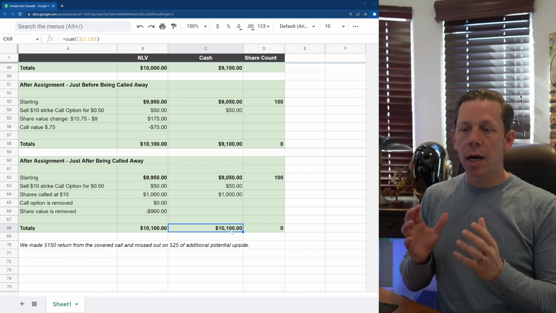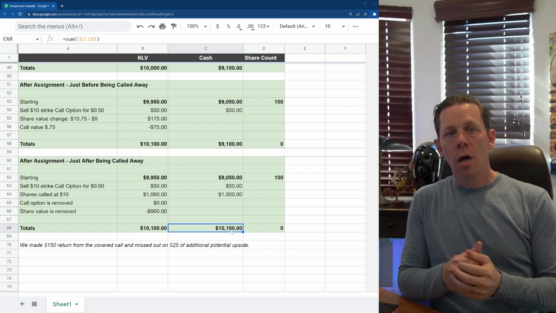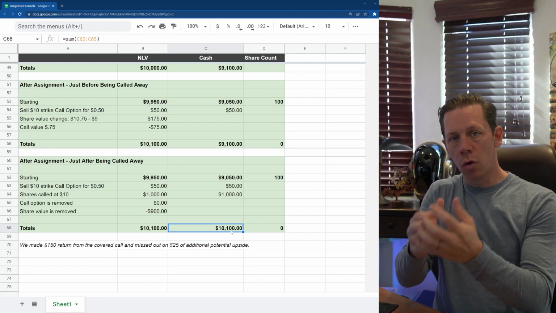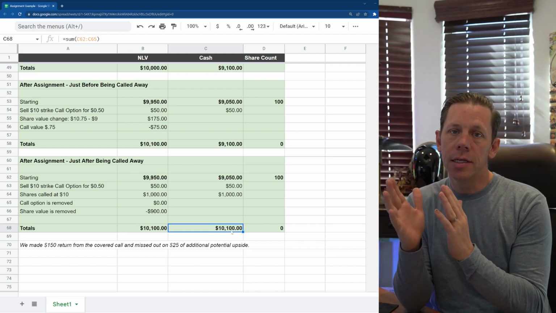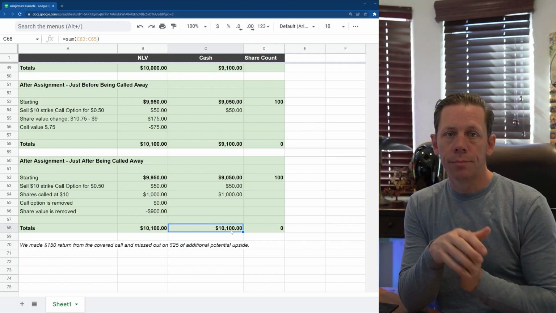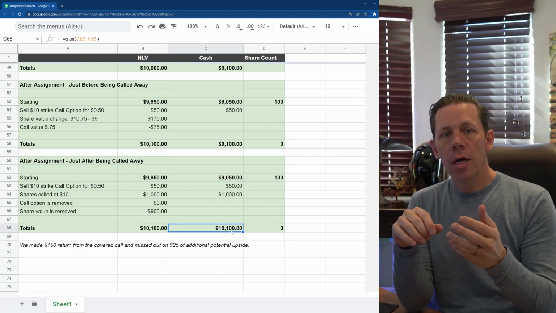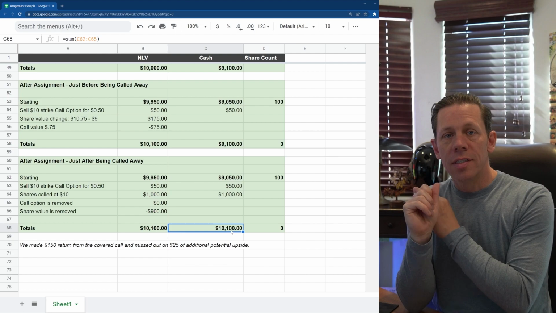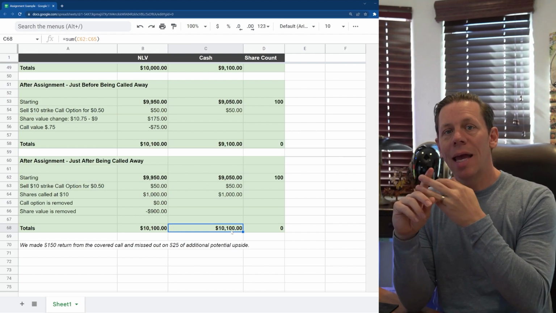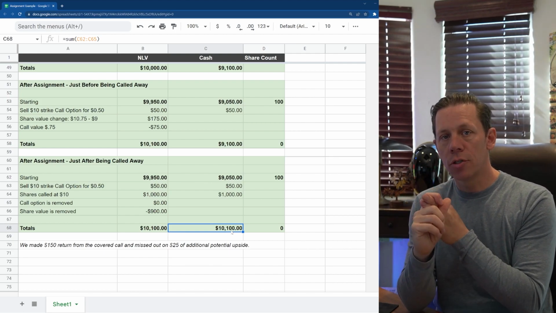Now, there are a couple of other things that we could do after that initial put assignment. When we're holding the 100 shares, I mentioned those in the past video, and I'll get into the details of another one of those in the next video. So we have the option to sell the shares, dump the shares, and sell another put option.